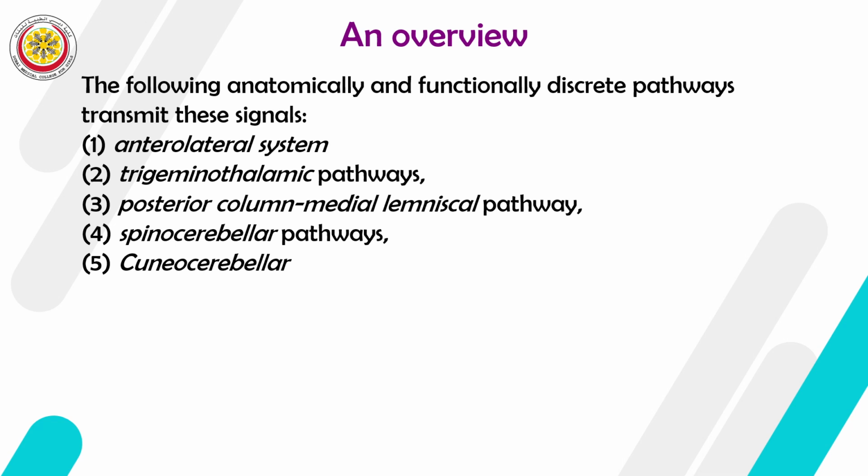So through this additional tract, fibers go to the cerebellum from the nucleus cuneatus. Some of these neurons go to the cerebellum directly, and it is called the cuneocerebellar tract.